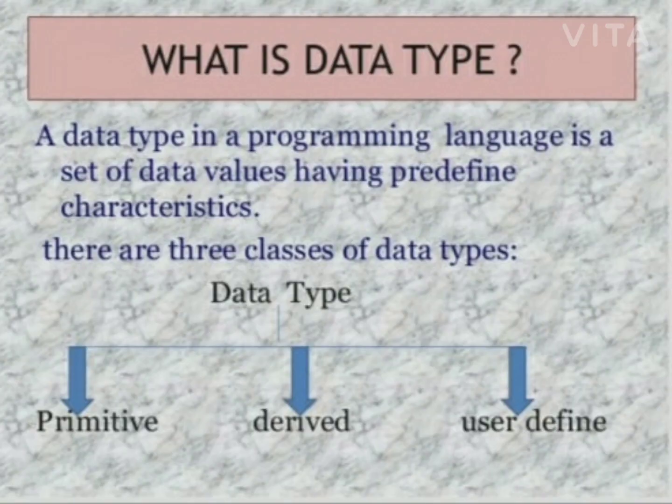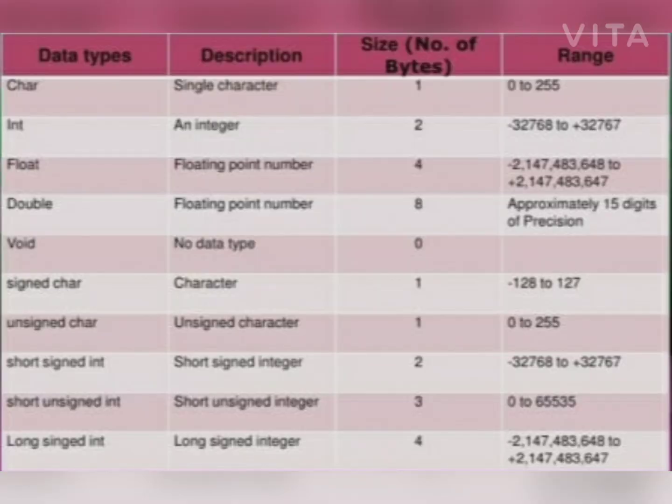A data type in a programming language is a set of data values having predefined characteristics. Data types are of three types: primitive, derived, user defined. Here we consider only the primitive data types. Examples: character, integer, float, double, and many others.